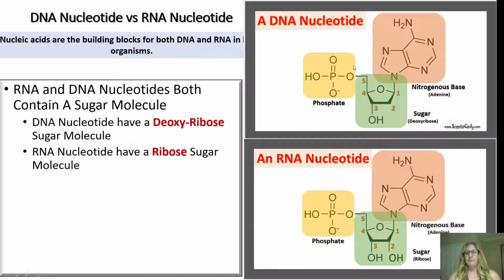However, in DNA, the sugar is a deoxyribose sugar molecule. So at the 2 position, I do not have a hydroxide. Whereas in the RNA nucleotide, I have a ribose sugar. So I do have a hydroxyl group here.